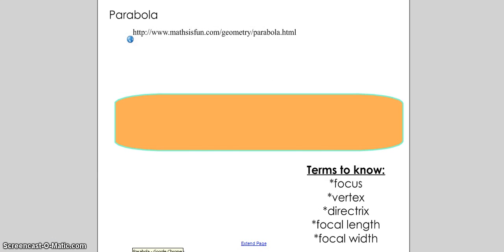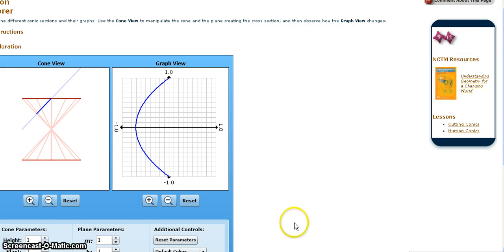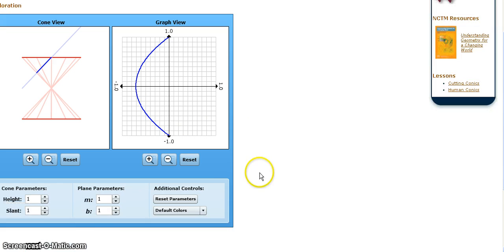Now, a parabola, like we talked about yesterday, comes from cutting that double cone. So this is a picture of my plane that's going to come through and slice my cone. And what I get is this side picture, and this would be a right-facing parabola. I can change my angle to slice at a different angle, and it looks a little bit more rounded.